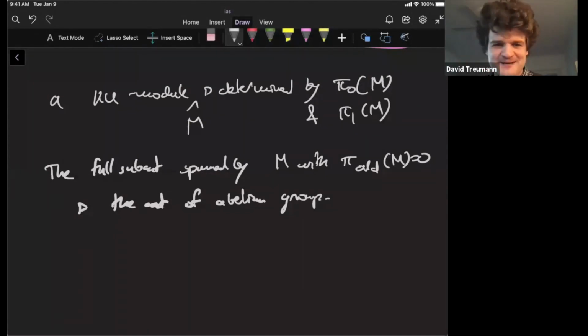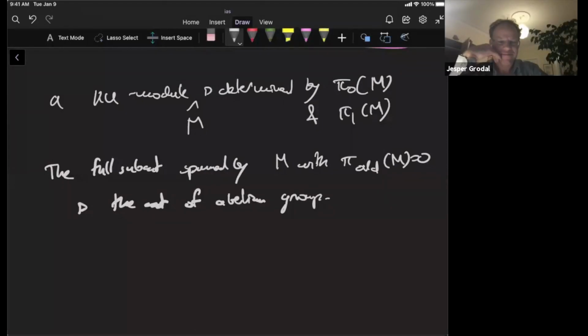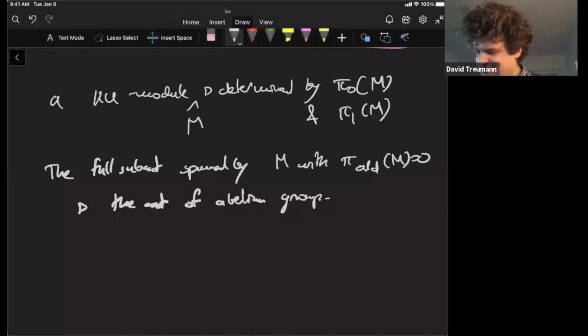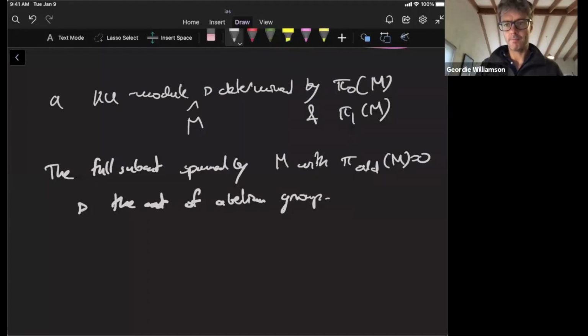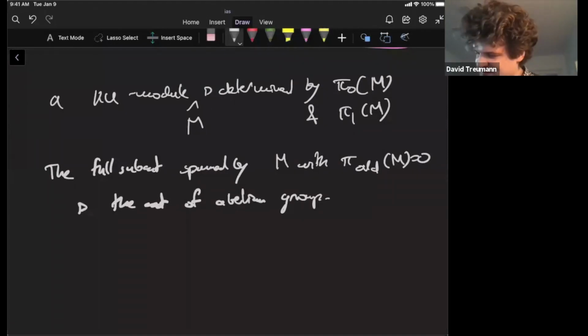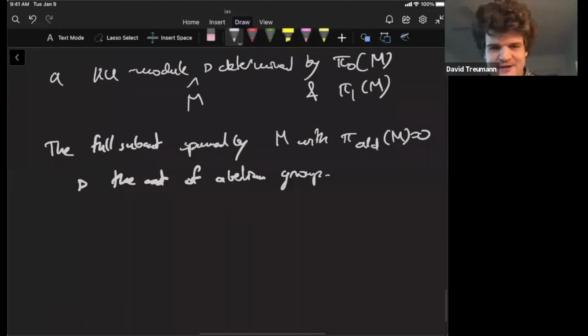Well, it helps that this ring pi 0, the integers, is a one-dimensional ring, and it helps that KU has a lot of vanishing homotopy groups.